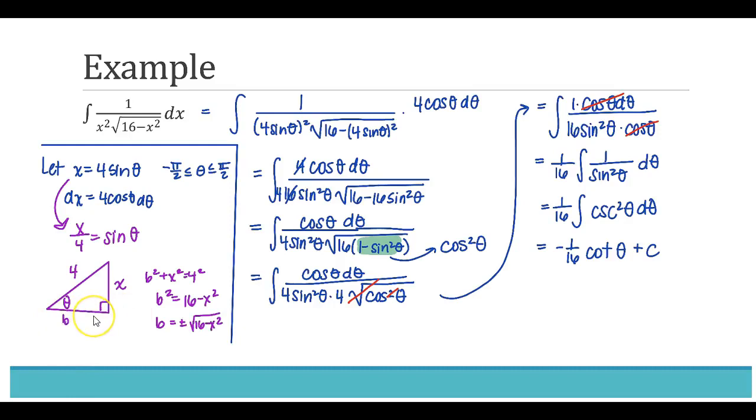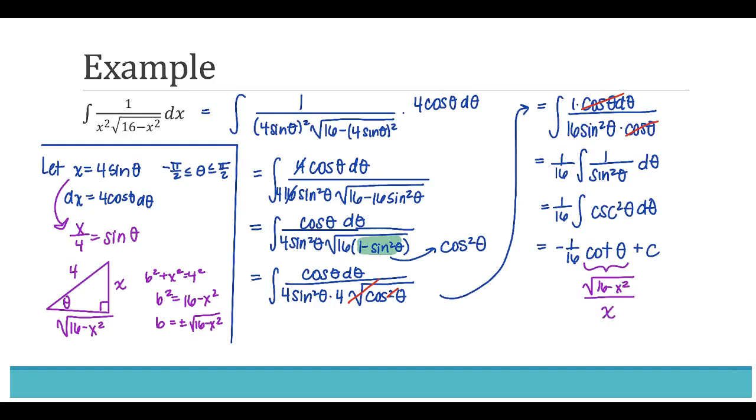Well, we're talking about a side length here, so we're going to have positive the square root of 16 minus x squared as our adjacent side. So cotangent, again, is adjacent over opposite, so I'm going to go ahead and replace this cotangent theta with the adjacent side, radical 16 minus x squared, over the opposite side, x.